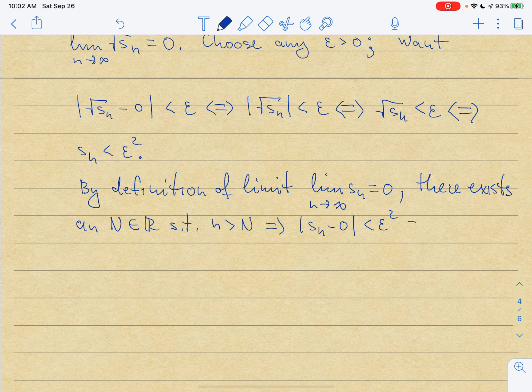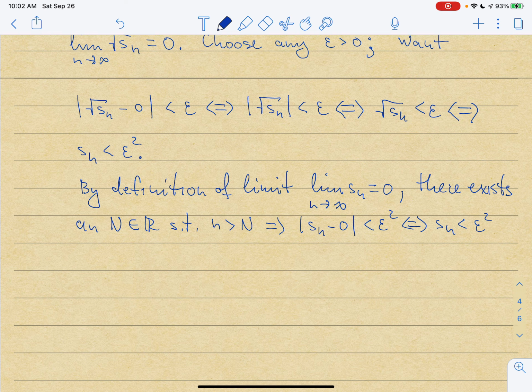Saying that is actually the same thing as saying Sn is less than epsilon squared because Sn is positive, and subtracting 0 from Sn does not make a difference.